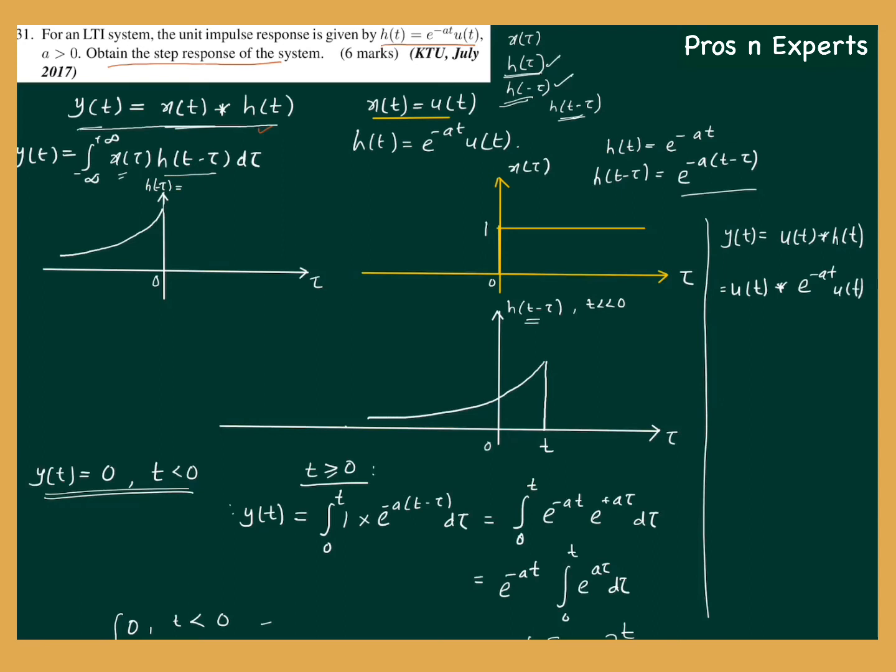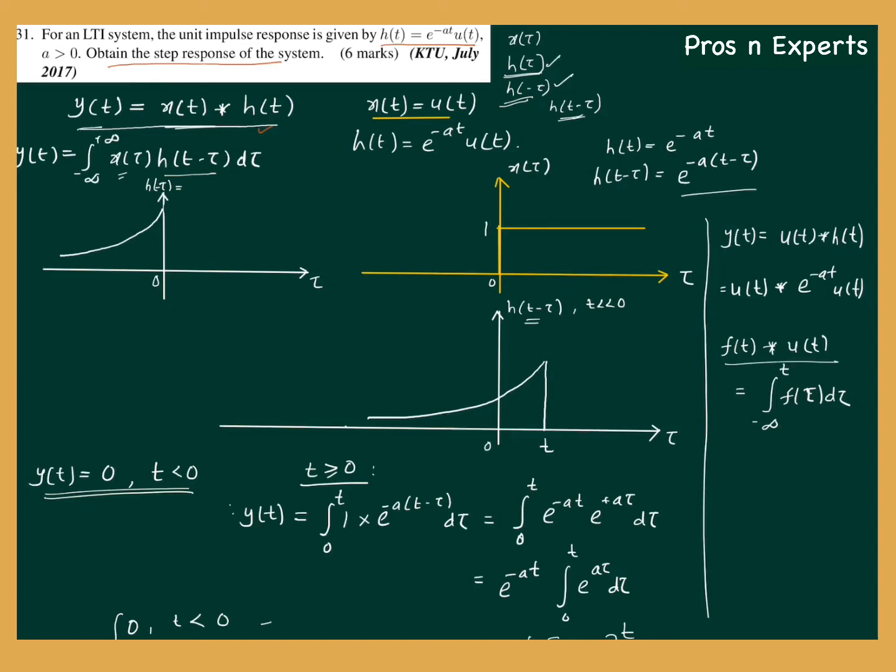There is a standard result that any function f of t convolved with u of t gives you the integral from minus infinity to t of that function f of t dt. The function is the one being convolved with u of t.